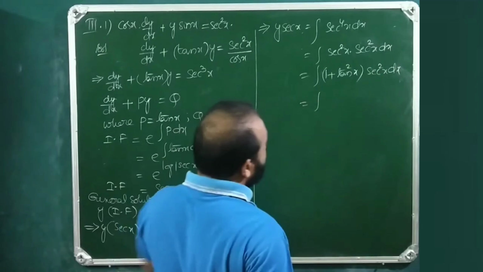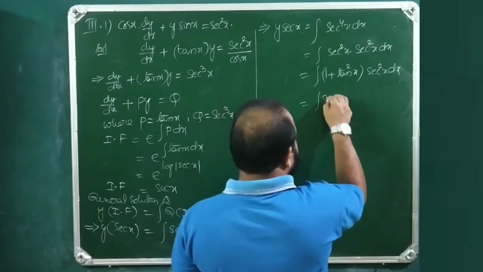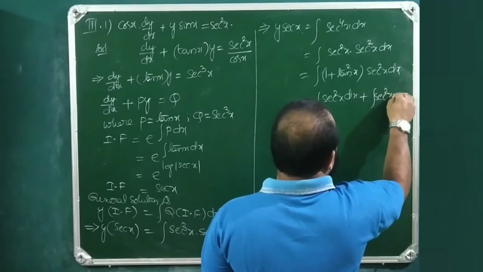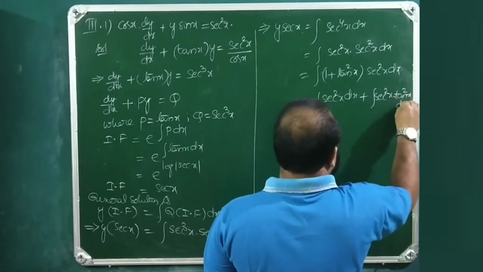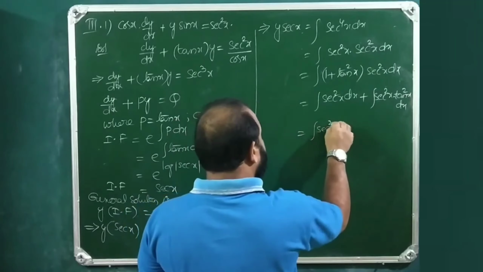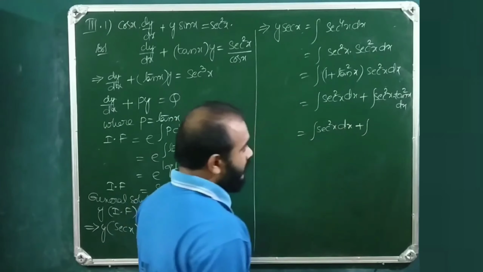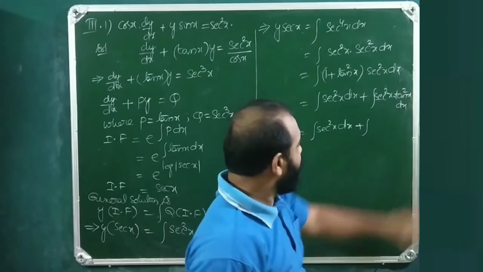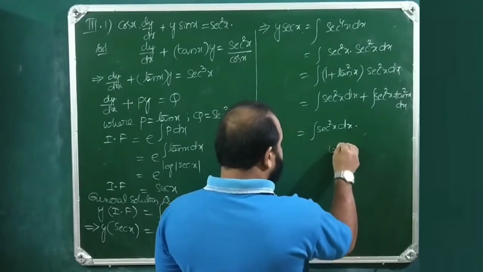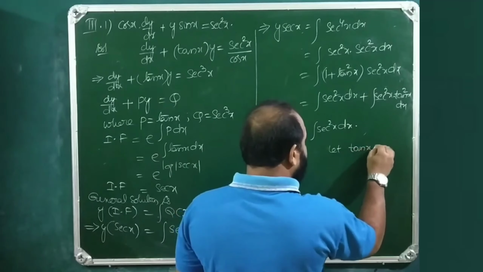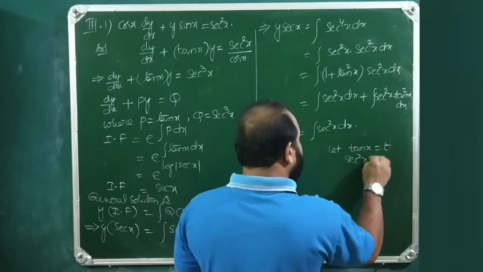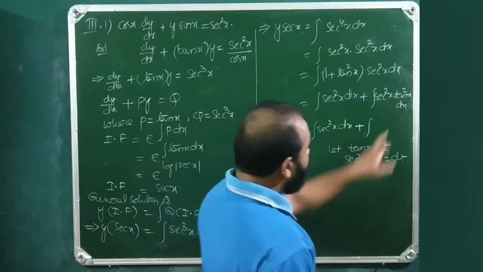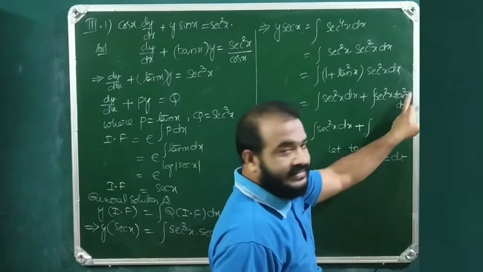This is equal to 1 into secant square x, which is secant square x dx, plus secant square x into tan square x dx. So let tan x equal t, then secant square x dx equals dt. So this is equal to integral; tan x is t, then tan square x is t square.